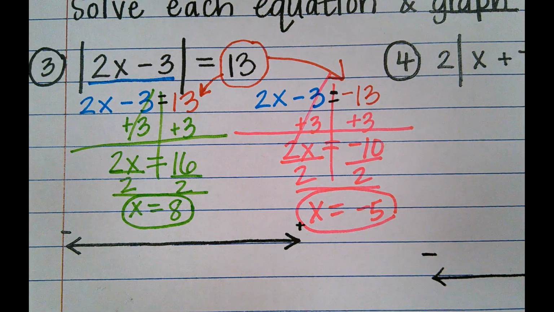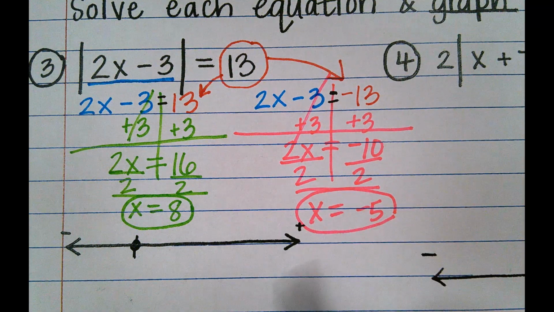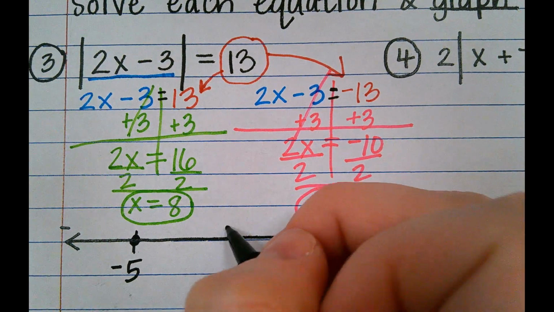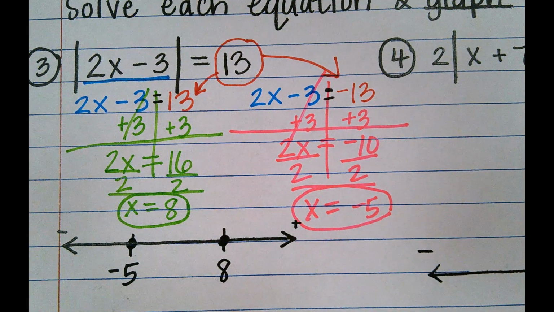Perfect. Okay, how do I graph this? Start off with the negative 5. First, we'll put a tick mark and a dot for negative 5. Then positive 8 goes next. Smaller number comes first. Perfect. How do we do on that one?